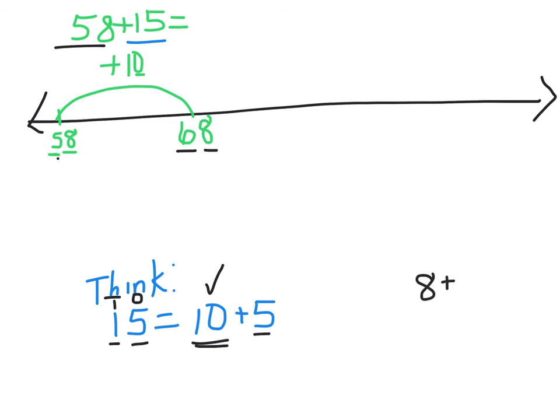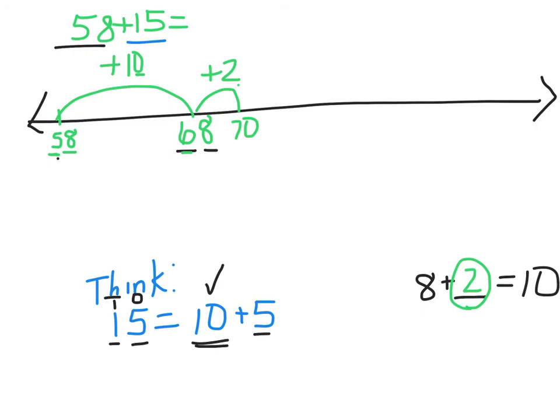You need to think, 8 plus what equals 10? 8 plus 2 equals 10. So to get to the next 10, I would just have to add 2. There are 6 tens. Now it's going to be 7 tens and 0 ones.